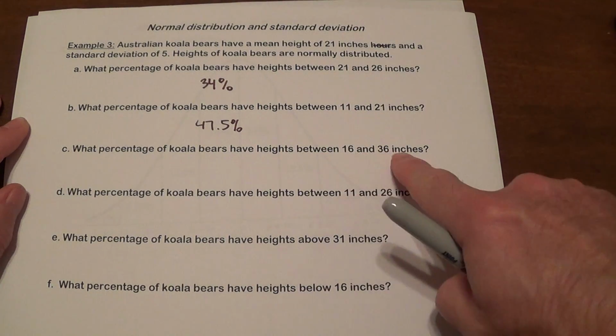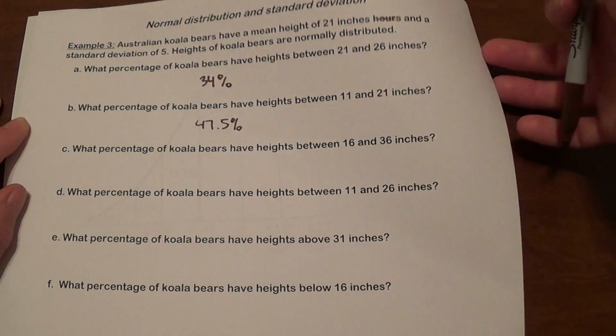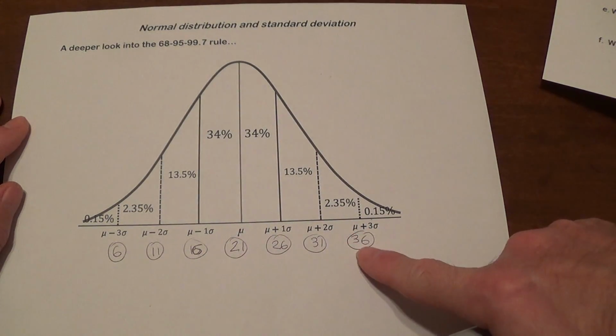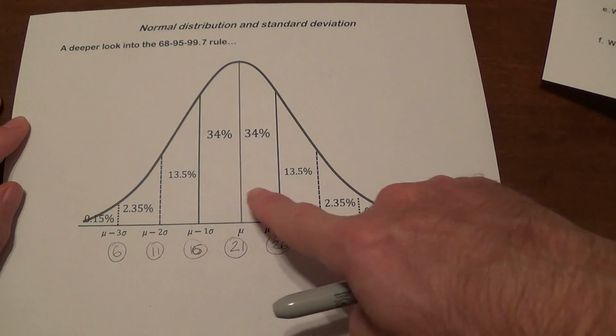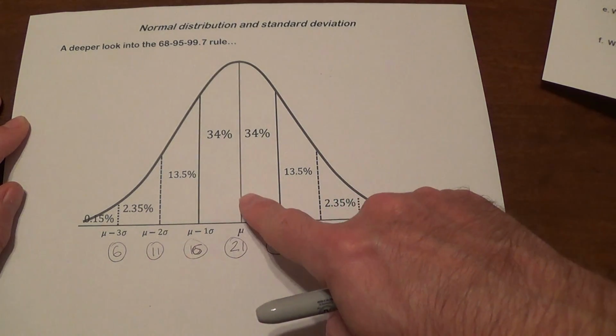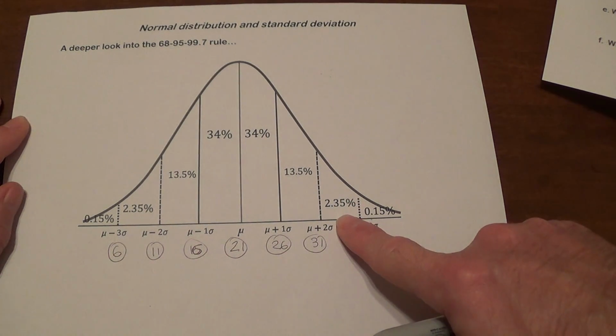Between 16 and 36. Let's see where those numbers are. 16 is right here, 36 right here. So what we're going to do is basically add all these numbers together. 34 plus 34 plus 13.5 plus 2.35.